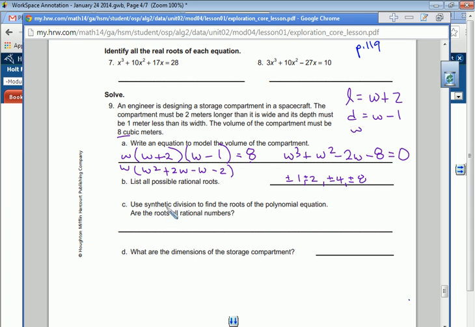So now we can do synthetic division with 2. What else could we have done using our technology to find that root quickly? Yes. We could have used the graphing calculator and just looked at negative 8 to positive 8. Where does it cross the x-axis? Good. All right, so 2 is our winner. It is a rational root. Now it asks us to use synthetic division. Please do it.